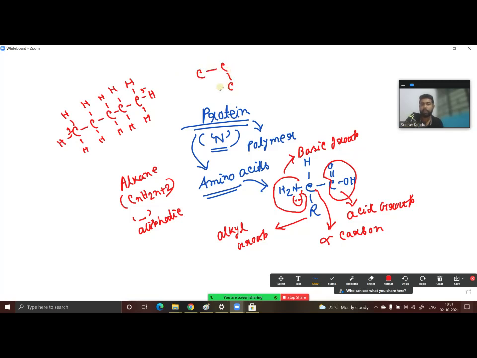If the first carbon and the last carbon have a direct attachment with each other, then this is known as a closed chain. Now in case of an open chain, if only single bonds are present, this is known as an alkane, and this n will be the number of atoms. Here, how many atoms? 1 2 3 4 5. So here it is C5.